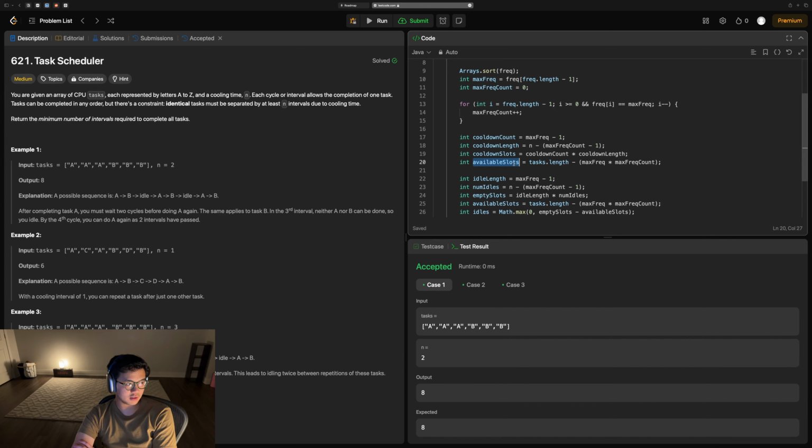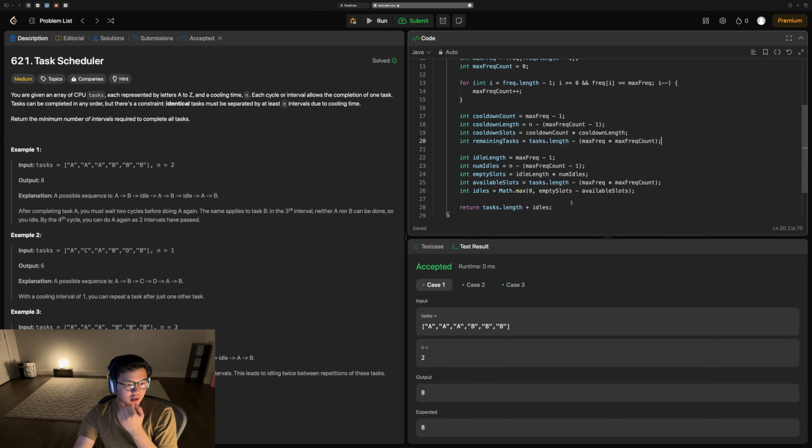This will give us the non-max frequency slots. Tasks remaining. So these are our remaining tasks. Cooldown slots minus the remaining tasks.